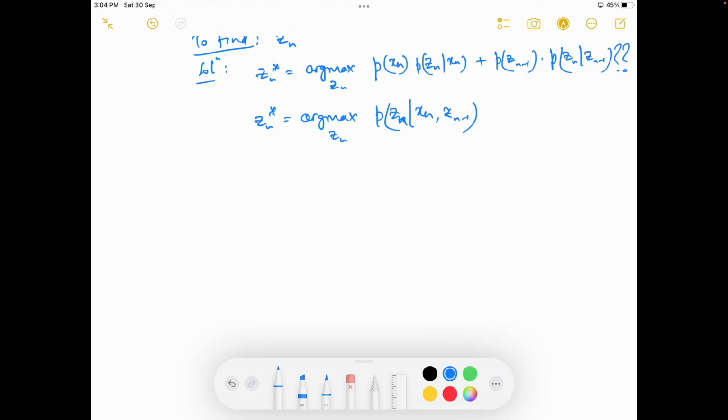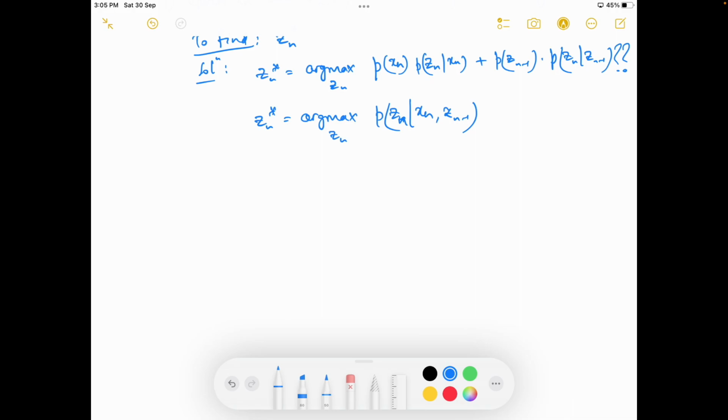What are MAP and MLE? MLE is the value of Z, like Zn, that maximizes this probability without assuming anything about Zn. And MAP is when we put some conditions on Zn.